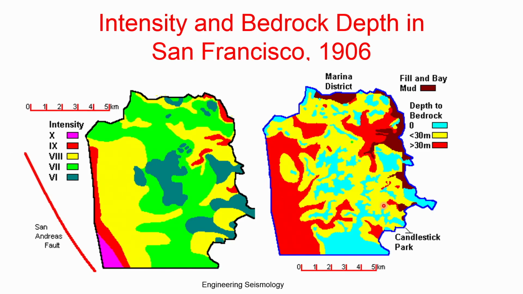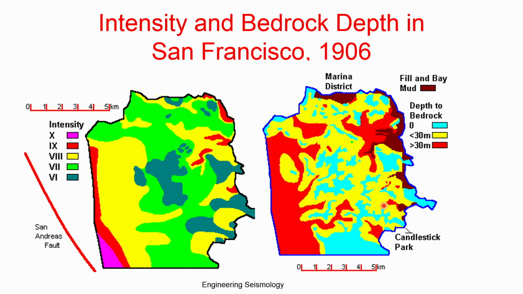This was the observation from the San Francisco 1906 earthquake, which initiated the thinking that soil also plays a major role in earthquake damage. This is where earthquake geotechnical engineering started.